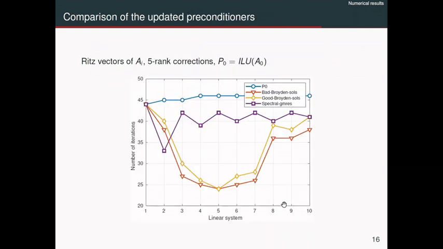And if we compare the number of iterations for all types of updated preconditioner to compute the sequence of linear systems, and we select the residual vectors of A and a rank 5 correction, and we use as initial preconditioner the ILU of A0, we observe that the bad and good Broyden methodology with the previous solution obtains the better result in the number of iterations.